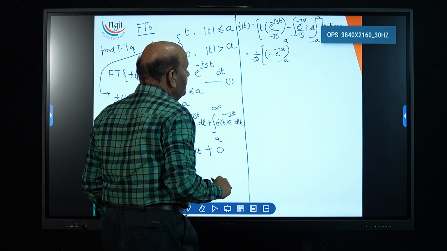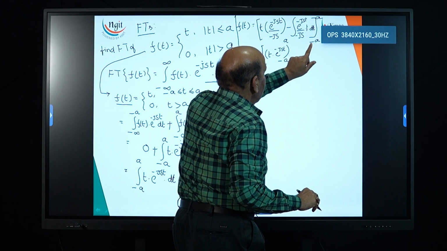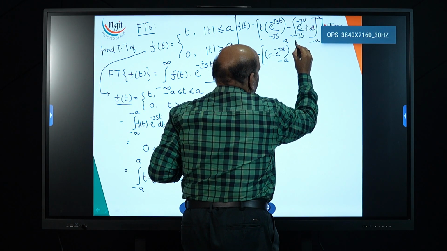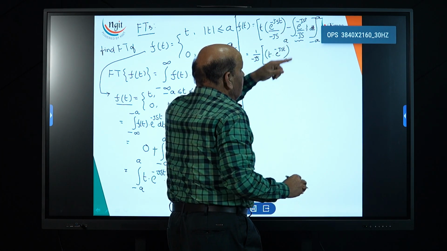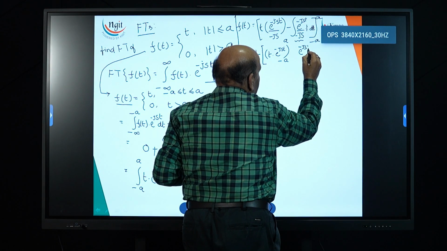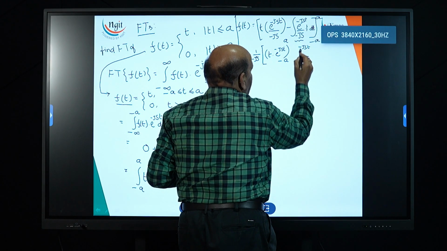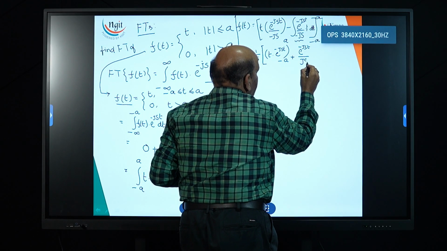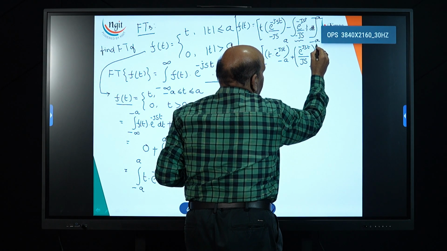Here you have taken minus js out. Another minus: integrating one more time, you will get e power minus jst by minus js. This minus minus will become plus. This is between minus a to a.